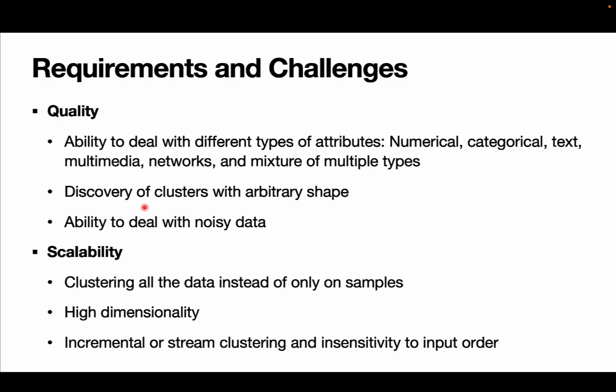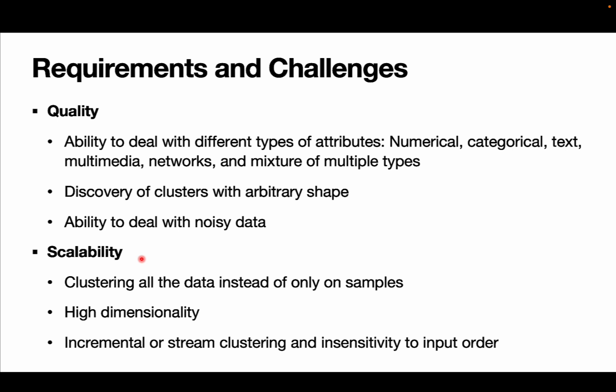We also want the algorithm to be able to discover clusters of arbitrary shapes, like an oil spill in the ocean, not just round or spherical groups. Another desirable quality is the ability to handle noise in the data, since data is rarely perfect.